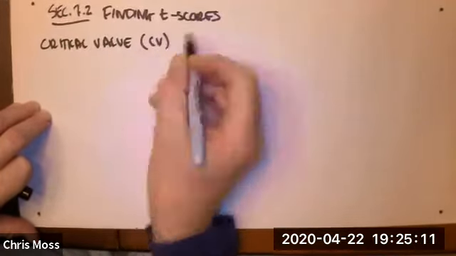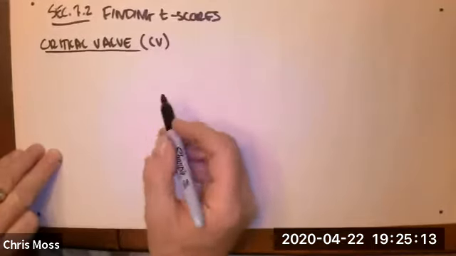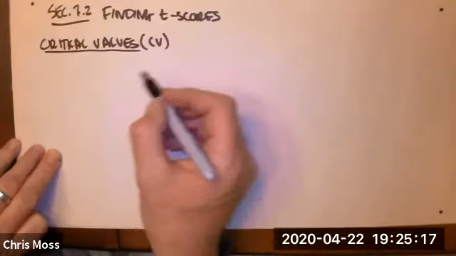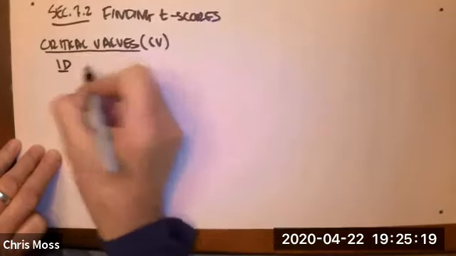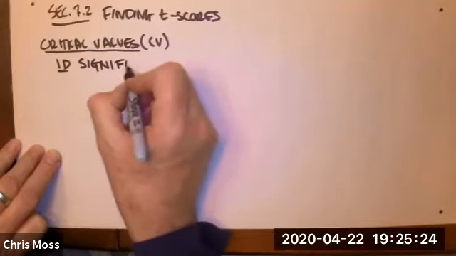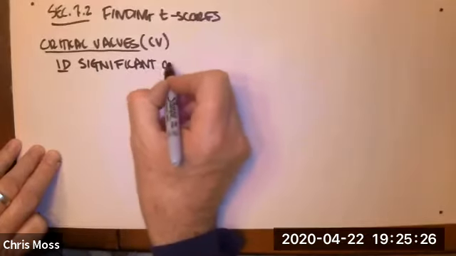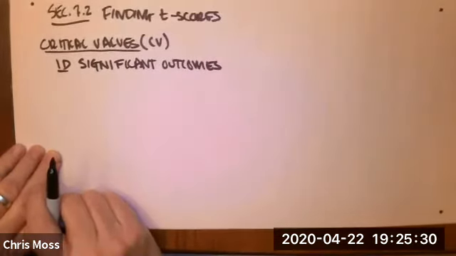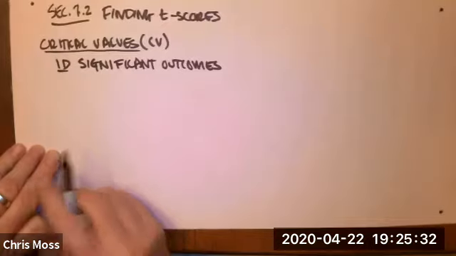By the way, CV is a common abbreviation for me. For these critical values, these are values that will help us to identify significant outcomes, and hopefully distinguish those from outcomes that are not so significant.